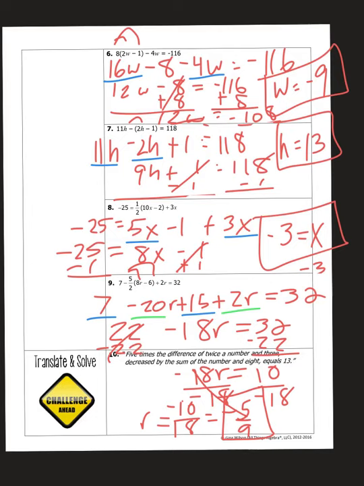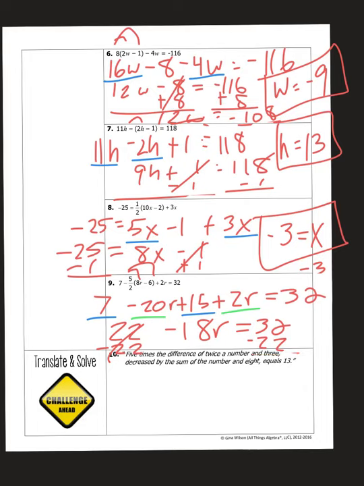Last one here that we have, and it is a translate and solve problem. 5 times the difference. So we're going to pick apart this. 5 times the difference of twice a number and 3.